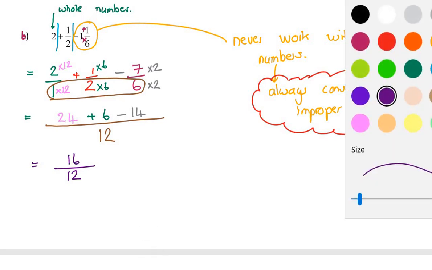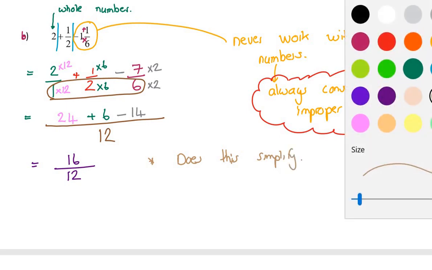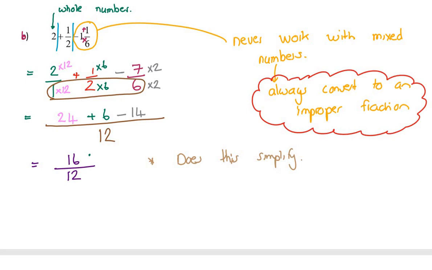Now most importantly, and this is what people forget, does this simplify? Your calculator can help you do this, or you can think to yourself, what goes into 12 and into 16? 4 goes into 16, and 4 goes into 12. 4 goes into 16 4 times, 4 goes into 12 3 times.